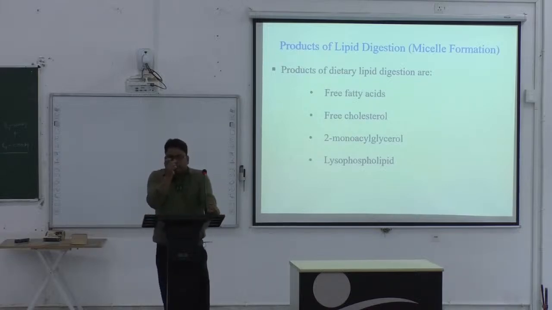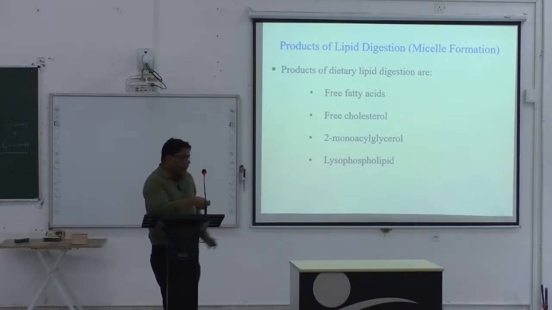In the small intestine, there are other lipolytic enzymes present, which we call pancreatic lipase and gastric lipase. And what do these pancreatic lipases do? They do the process first, de-esterification, which means removal of a fatty acid chain from a particular molecule. Now we see one by one.